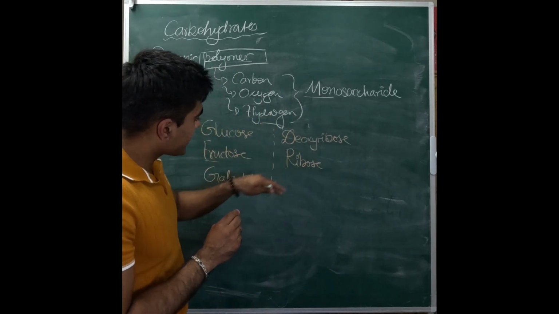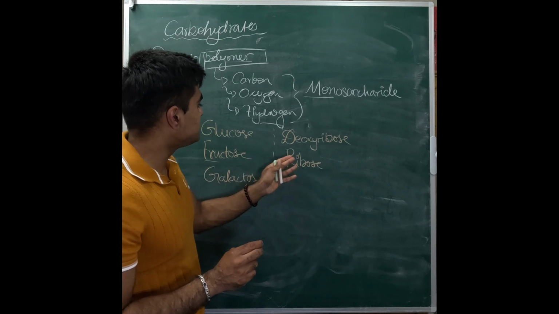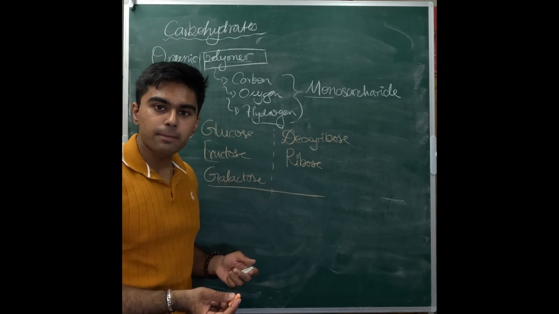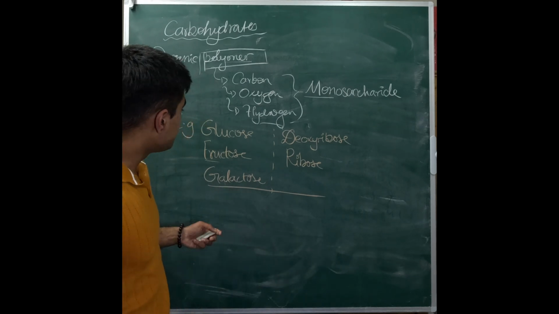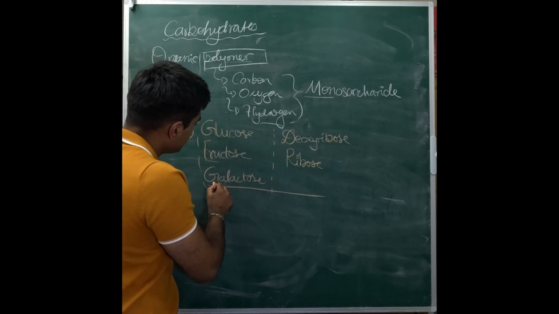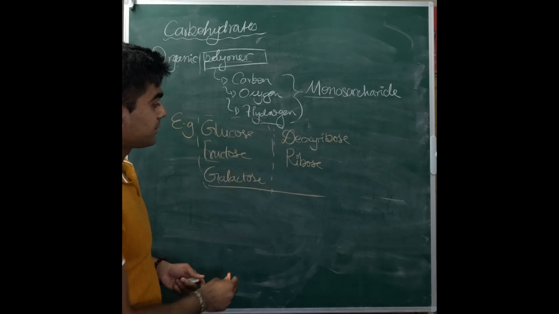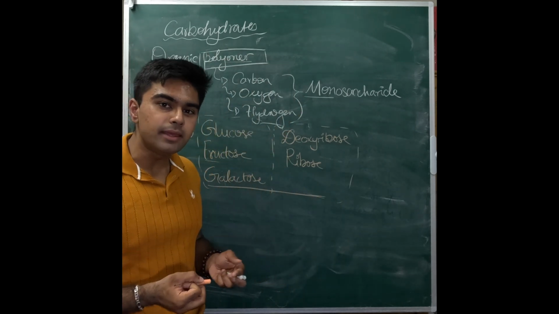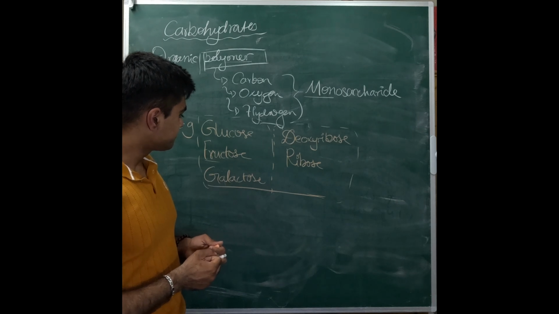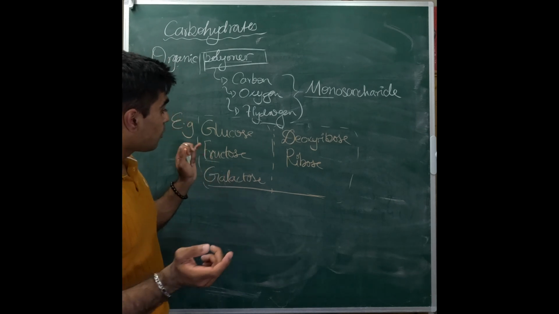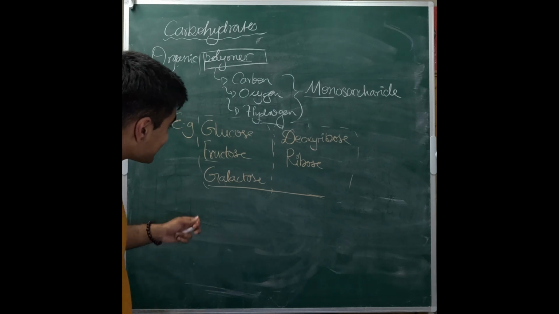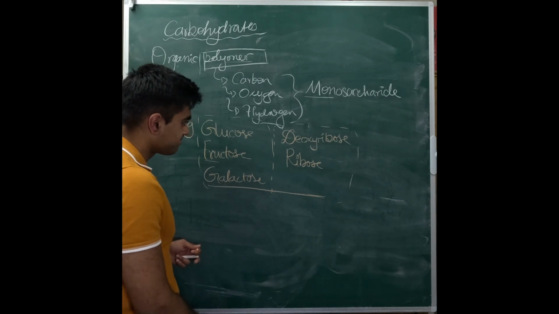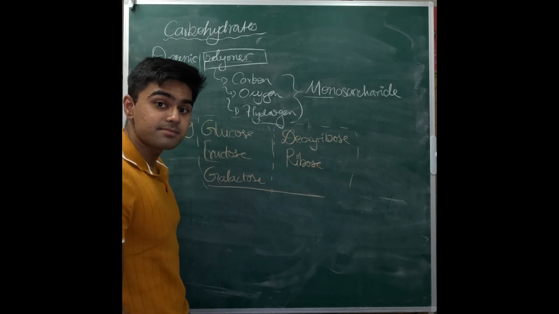Now, if you look at this, I've actually separated these two out on separate sides. Now you might wonder why. Well, the reason is because on this side this group has something in common, and this group has something in common. What can it be? Well, what's in common is that these three have the same number of carbon atoms, and these two have the same number of carbon atoms.